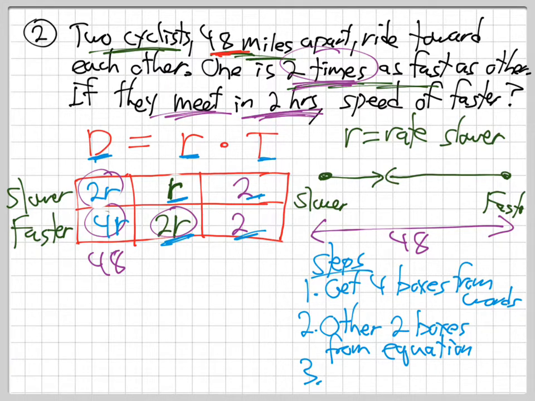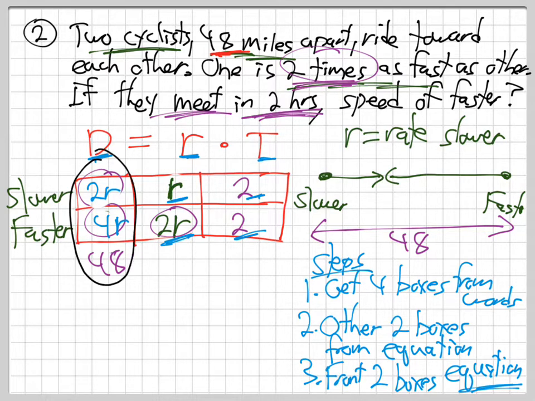And then step 3, use the front 2 boxes and write an equation. Remember what we already agreed on? That whatever distance the slower cyclist covered, plus whatever distance the faster covered, has to add up to be the whole 48, right?